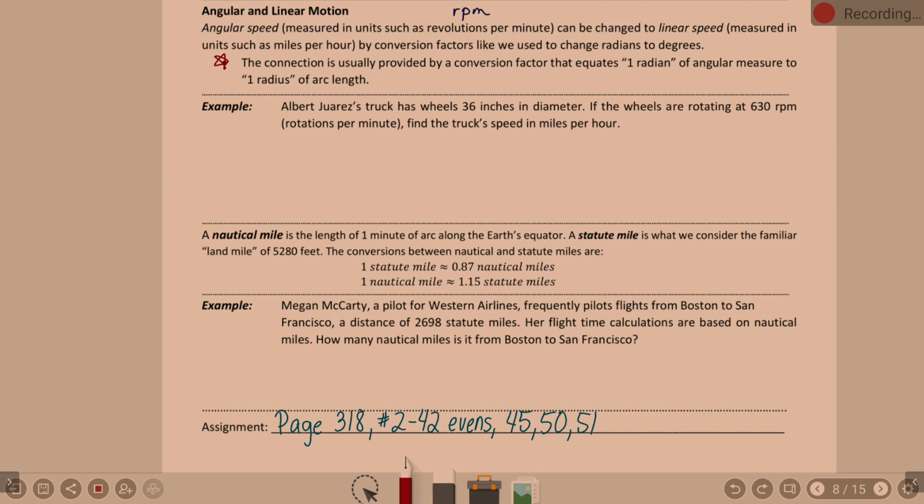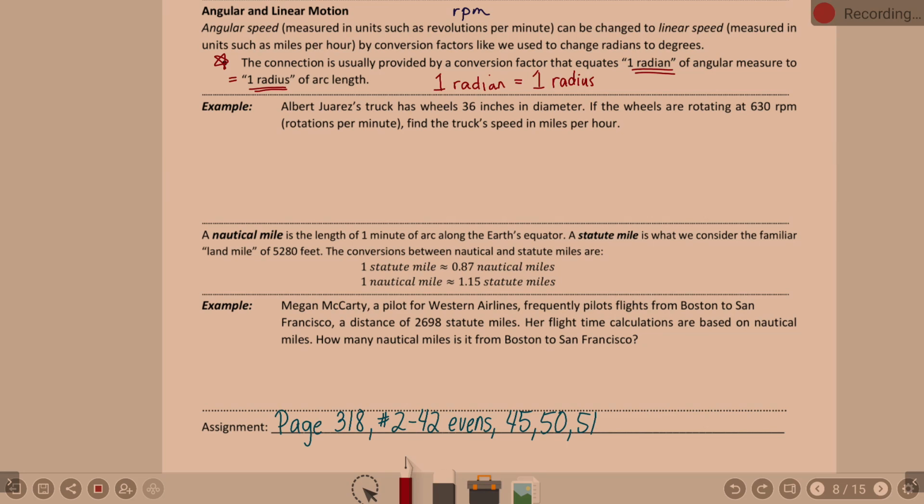So 1 radian is going to equal whatever 1 radius is in that problem. Obviously the radius changes from problem to problem, yes?